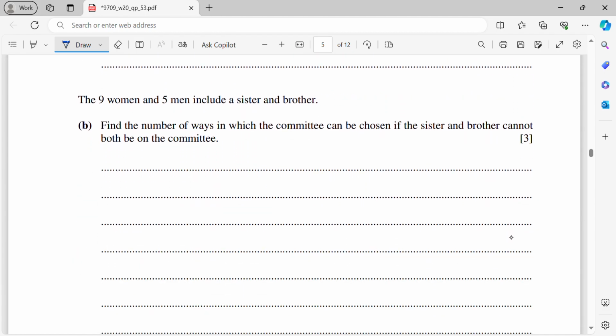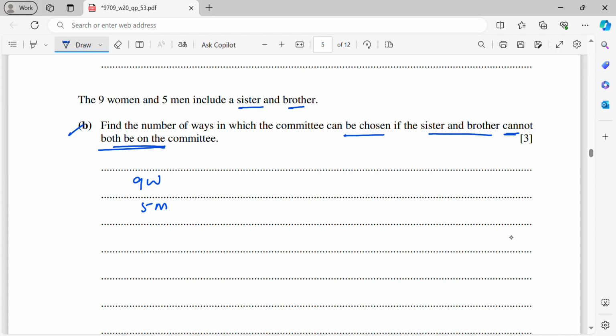Okay, now the 9 women and 5 men including a sister and brother. B. Find the number of ways in which the committee can be chosen if the sister and brother cannot both be on the committee. So now you have 9 women and 5 men.